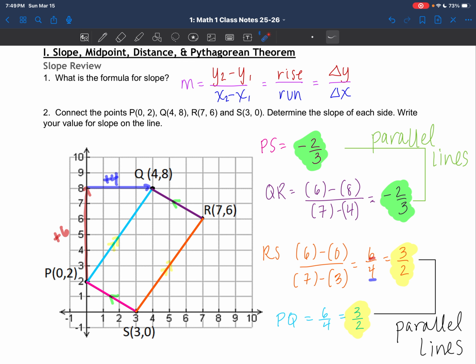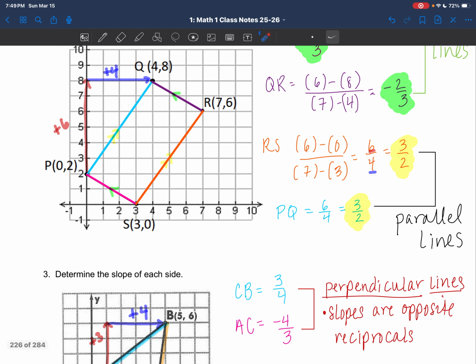And then same thing here, I'm going to connect those 2 points, and then I went up 6 and to the right 4, or you could do the slope formula, and I got the same thing, 3/2. So since these two have the same slope, these are also parallel lines, which is what I drew my little arrows here to show: those two are parallel to each other, and these two are parallel to each other.